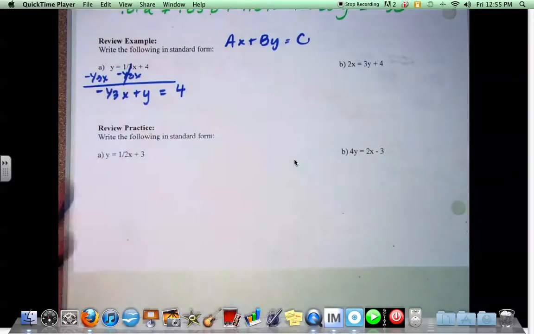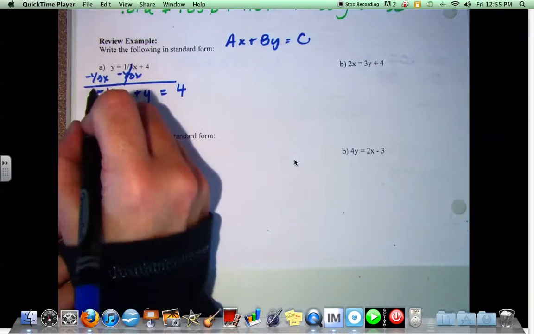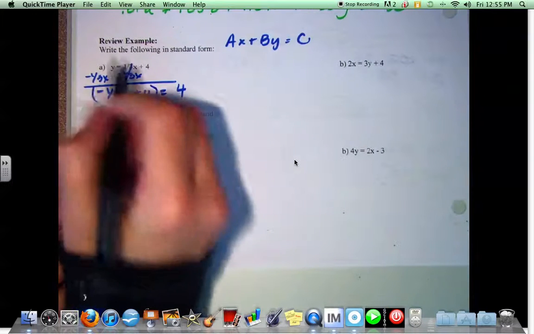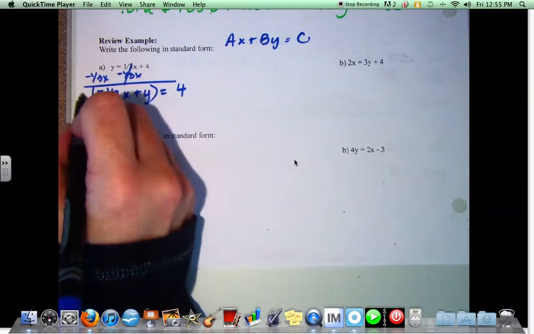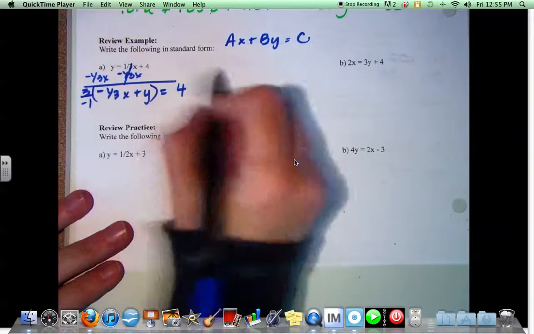All right, now yesterday I said to you don't leave a fraction out front in standard form. So what do we need to do to get rid of the fraction? Multiply by the reciprocal. So what would be the reciprocal? 3 over negative 1.